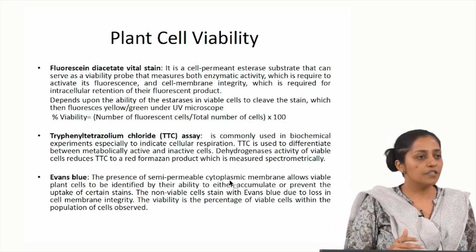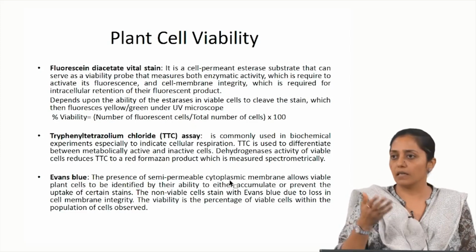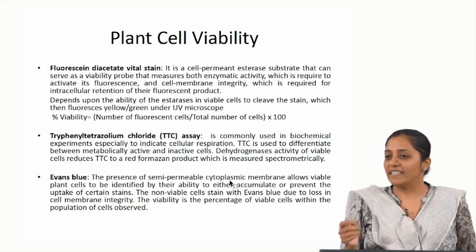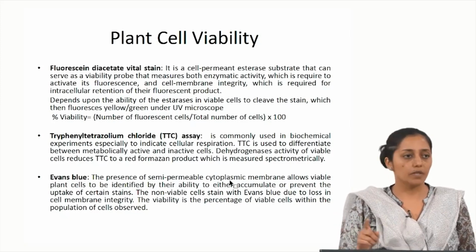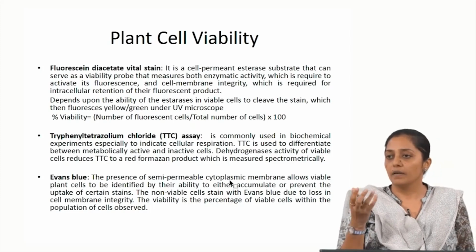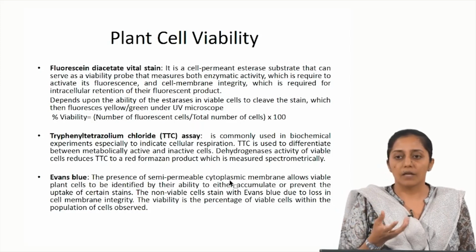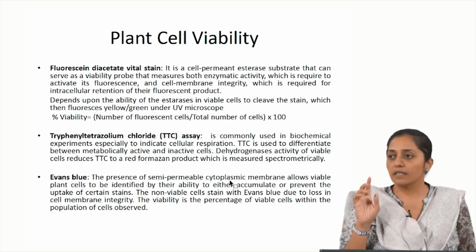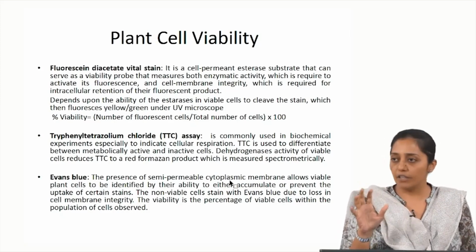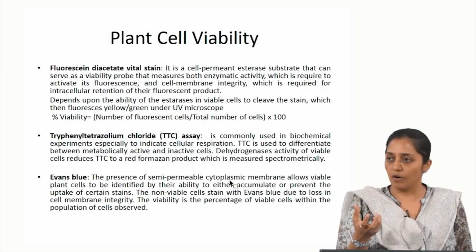The second way is using tetrazolium salts, which you must have heard of even in your animal cell cultures, the MTT assay. TTC is a triphenyl tetrazolium salt. It is dependent on the activity of dehydrogenase enzymes, which signify the metabolic activity of the cell, whether the mitochondria are actively functional or not.